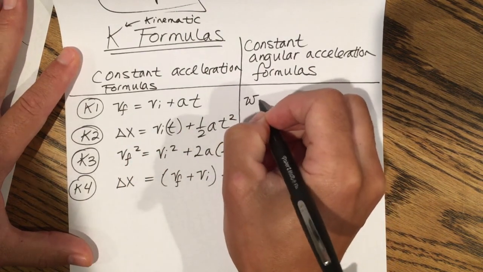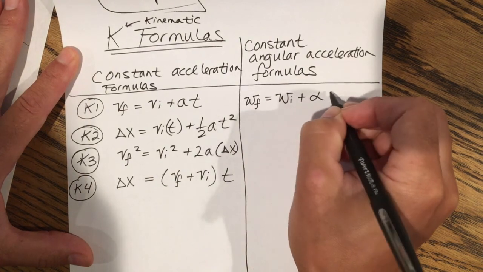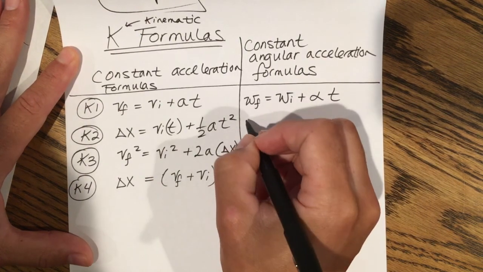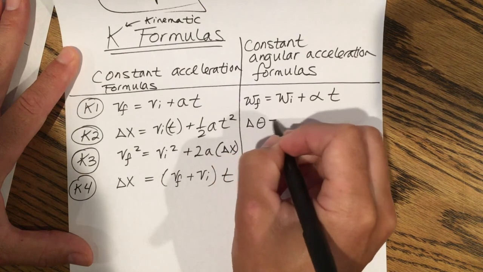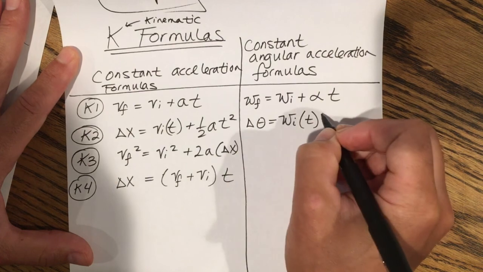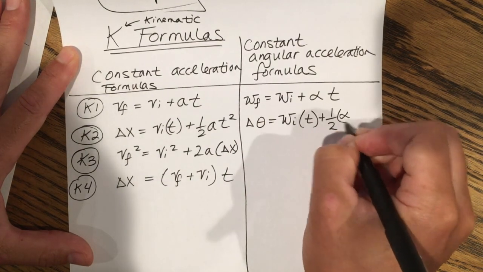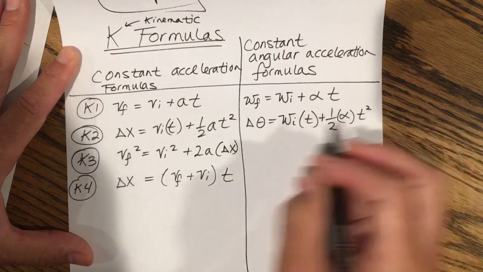So this is going to be omega f equals omega i plus alpha times time. This is going to be delta theta equals omega i times t plus 1/2 alpha t squared.